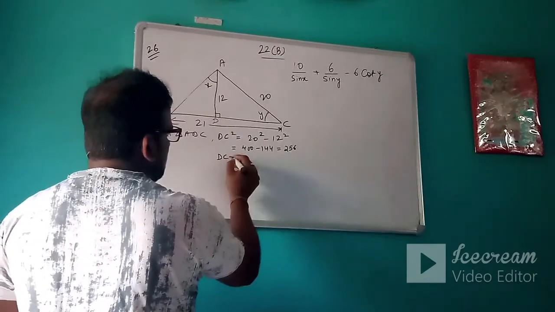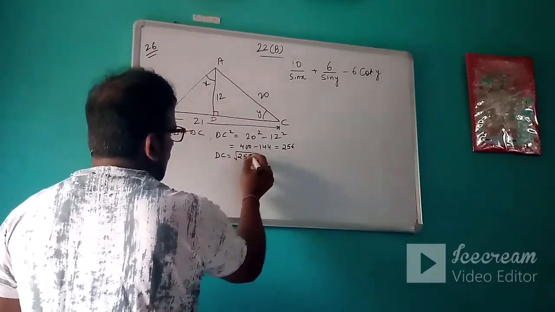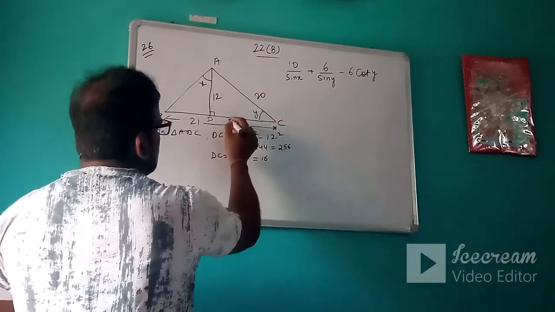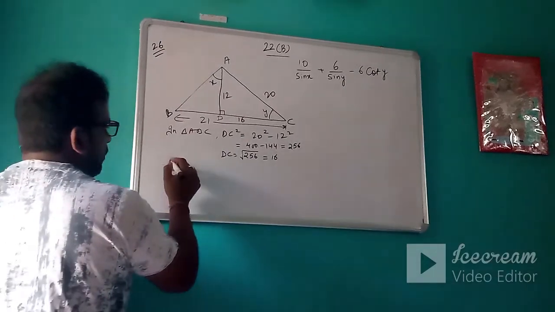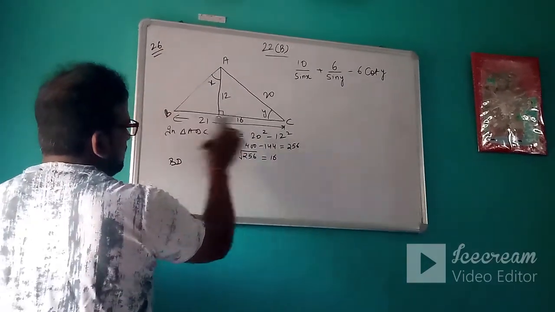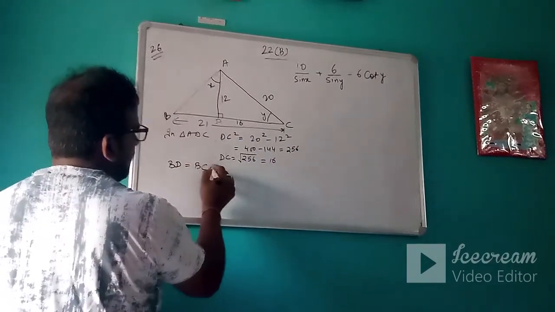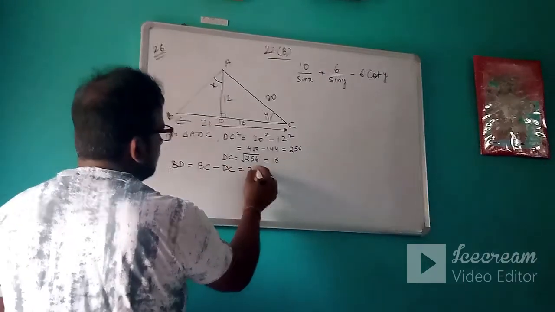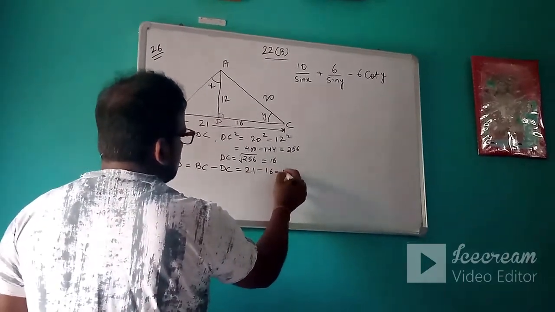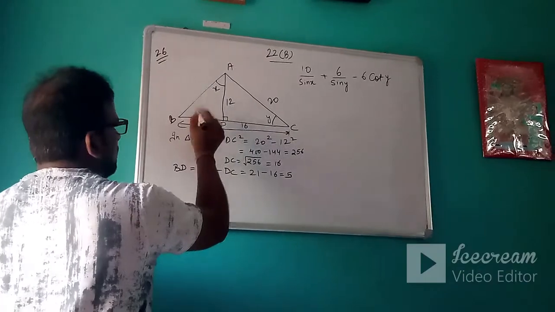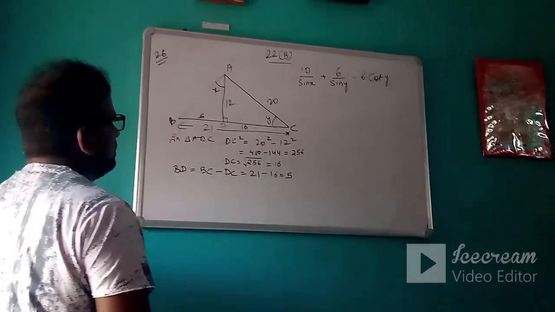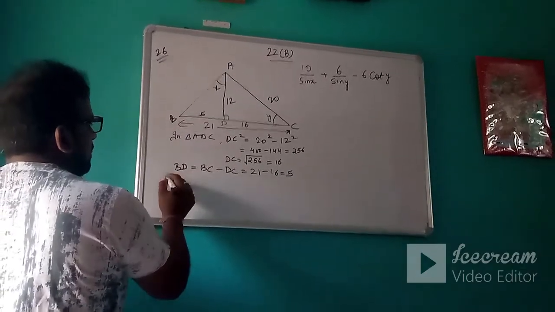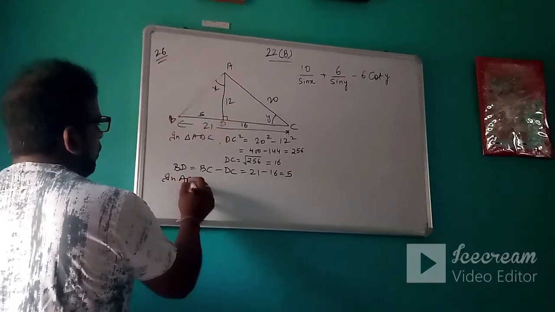So what is our DC? That is 16. So this side is 16 from here to here. Similarly, what is BD? From BC minus DC we will subtract, so it is 5.